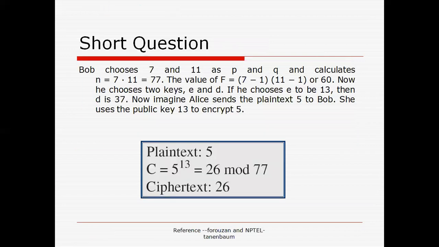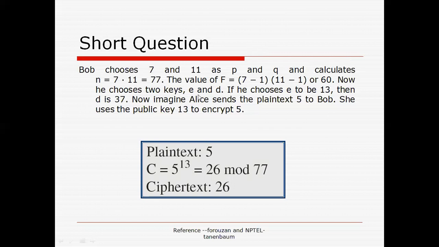Now take one example of the RSA algorithm. Bob chooses 7 and 11 as the P and Q values. He will calculate N, which is 7 into 11, 77. Now he will calculate the value of Z, which I write here as phi, equal to 7 minus 1 and 11 minus 1, which is 6 into 10, that is 60.